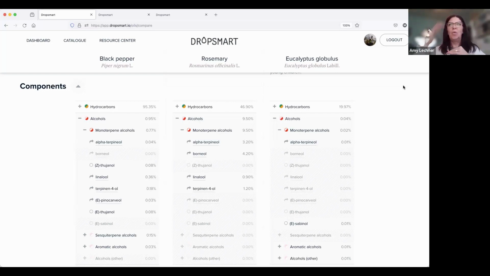And then when you said that if you had 42% linalool and you mix it, I actually played around afterwards. I took spike lavender and Lavandula angustifolia and mixed them together in the Dropsmart app.